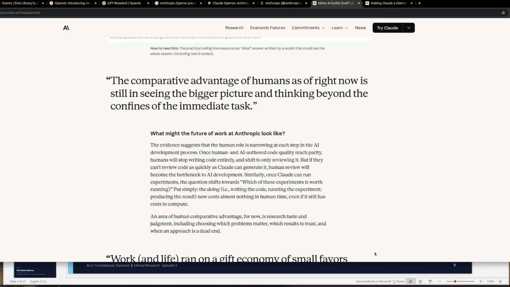So I am not negative on this. I agree with Anthropic that we probably need to slow down a little bit and think about the things that can be done.